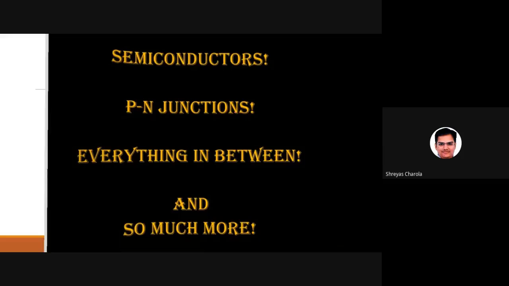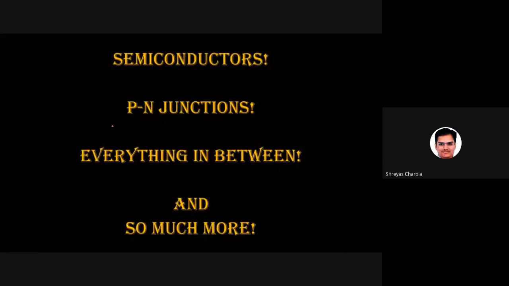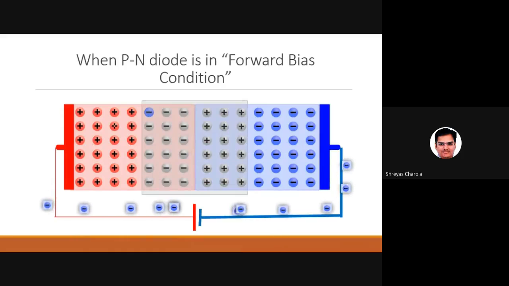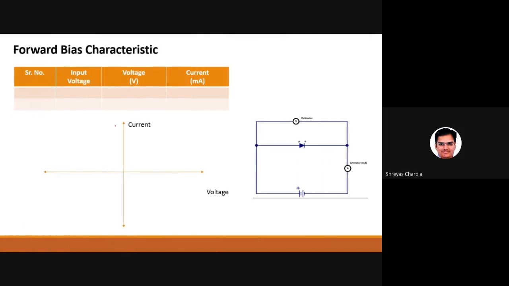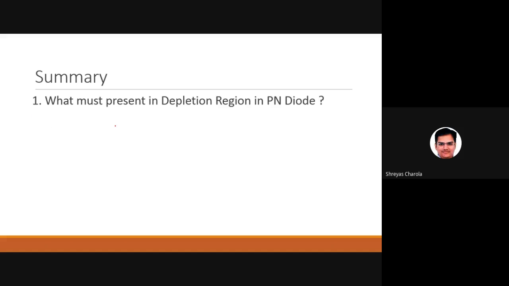Let me go to the last screen. Okay. Let's suppose this is the P type, this is the N type. What do you have actually?